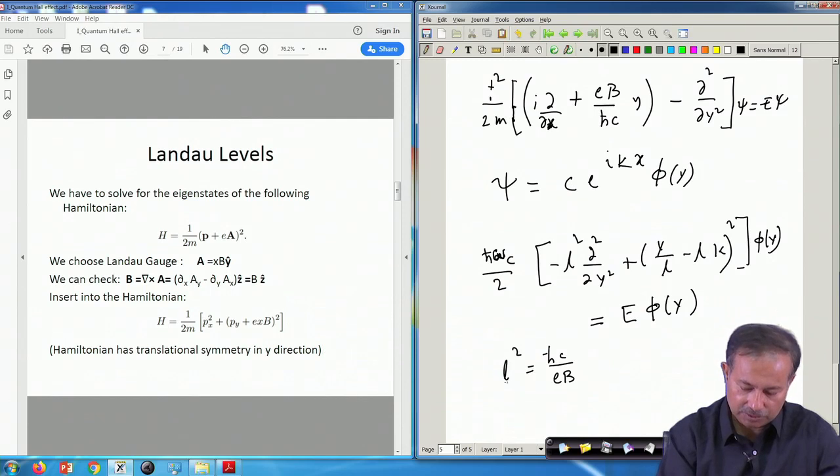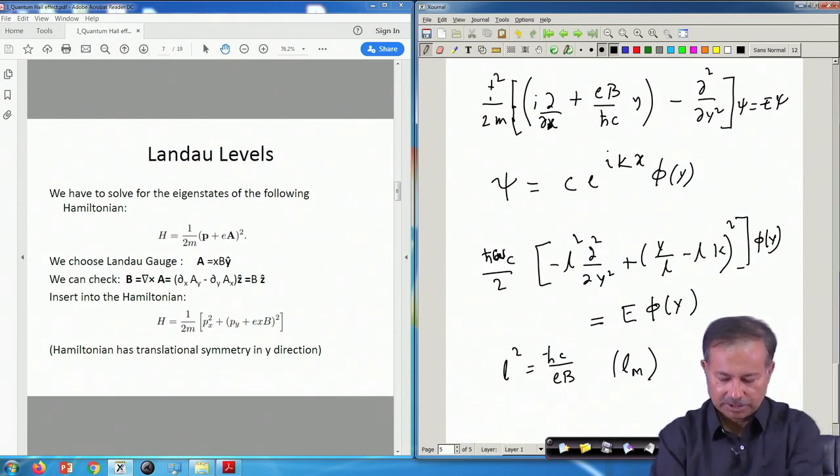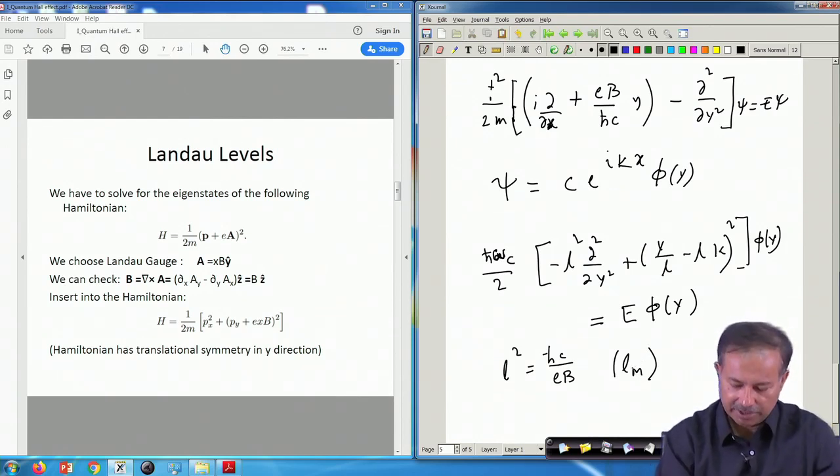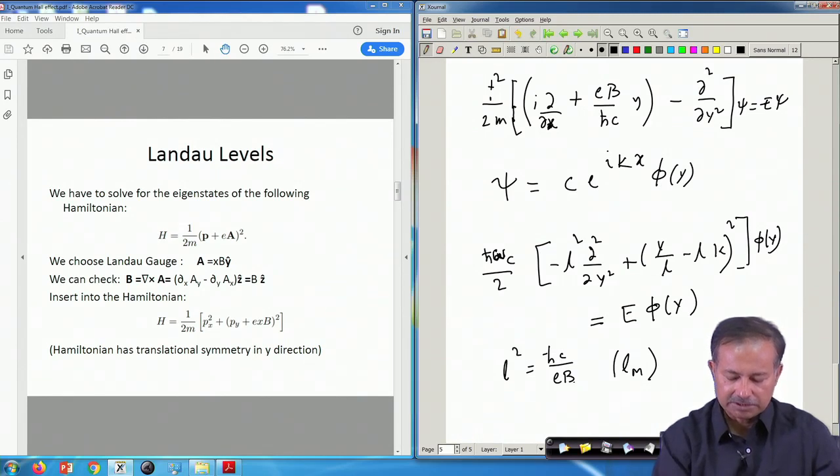This is also written generally as L sub m to explicitly mention that this is a magnetic length. As you can see, h cross, c and e are all fundamental constants, and L square is inversely proportional to B. So, this defines a new length scale in the problem.